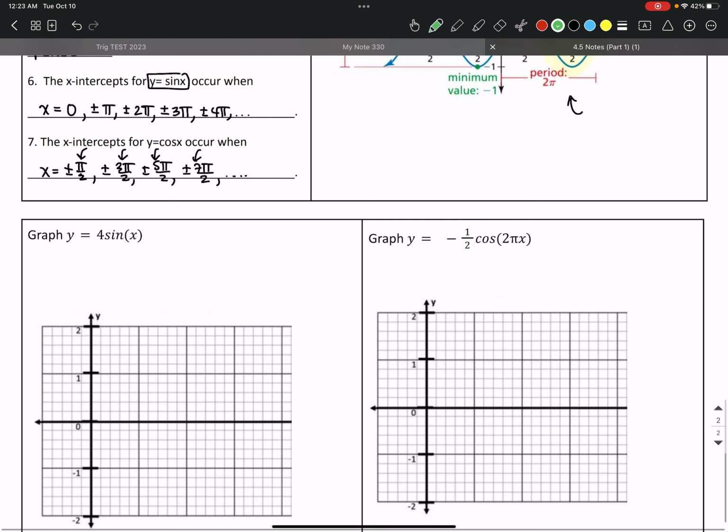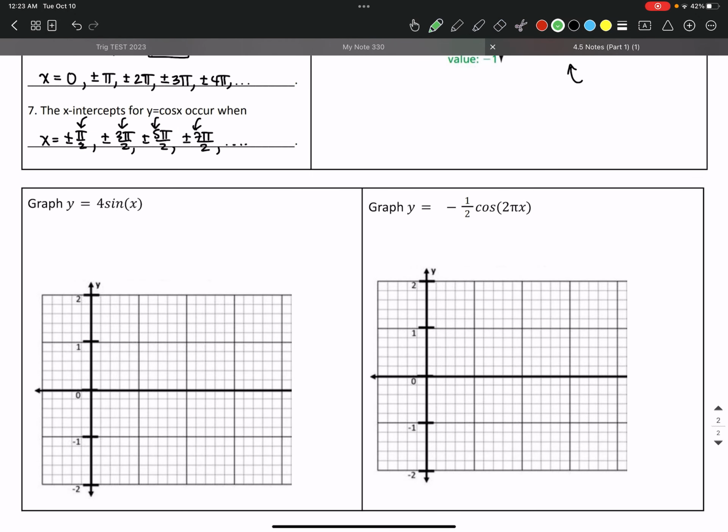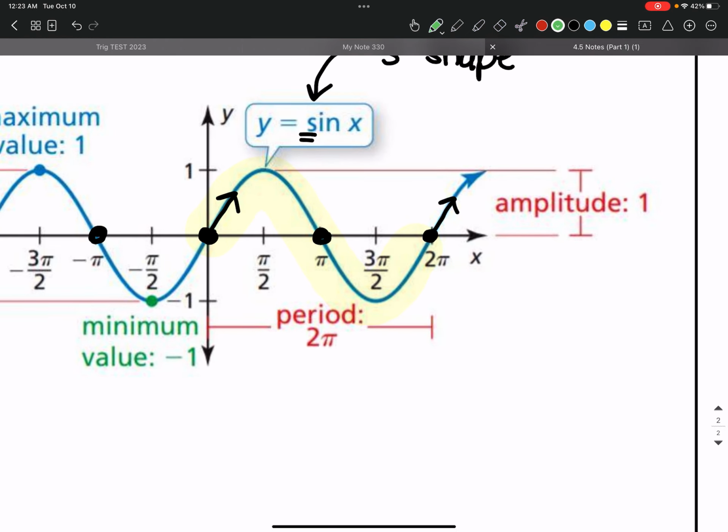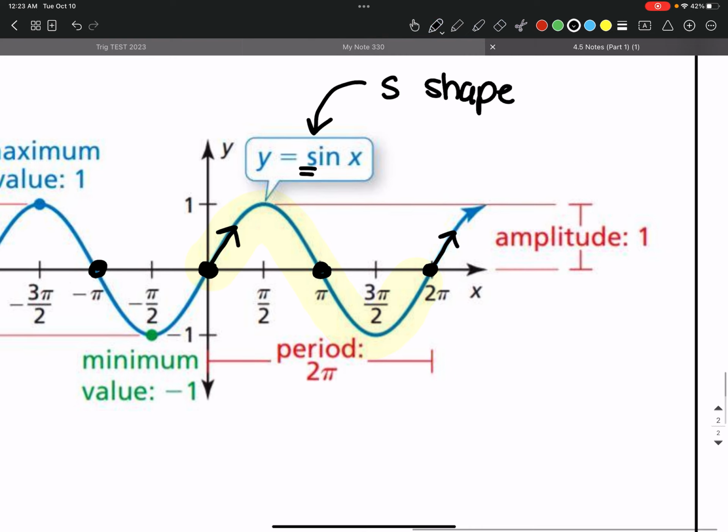So let's use that to do these 2 examples here. Before I do these 2 examples, I just want to point out one more thing, and that is that one period is split into 4 important pieces. So I have 0 to pi over 2 is the first piece, and then pi over 2 to pi is the second piece, and then pi to 3 pi over 2, and then 3 pi over 2 to 2 pi.